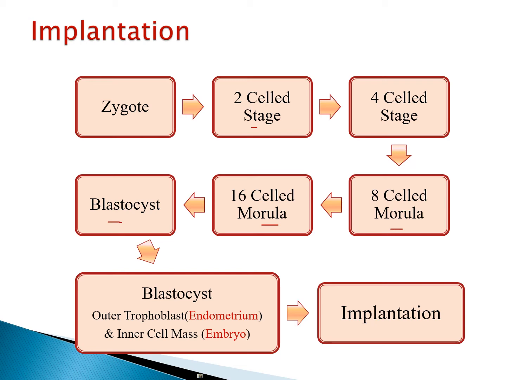The blastocyst is differentiated into the outer layer, the trophoblast, and the inner cell mass. The trophoblast will help in implantation into the endometrium, while the inner cell mass will make an embryo. So this was the complete process of implantation, where only mitotic division is involved.